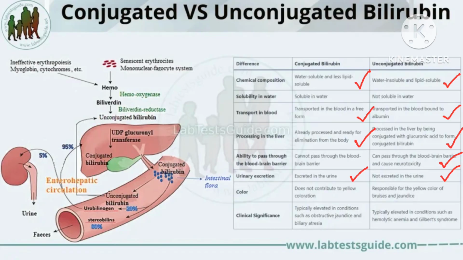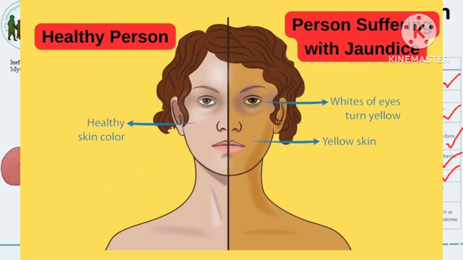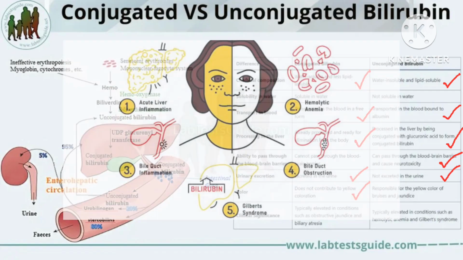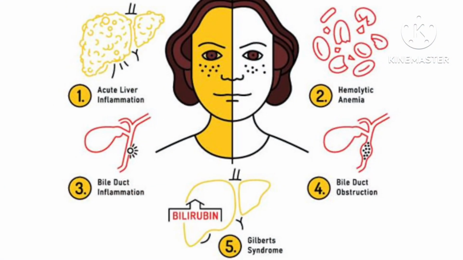The conjugated form does not contribute to the yellowish coloration of the skin or eyes, so it's not responsible for jaundice, compared to unconjugated bilirubin, which is responsible for the yellow color of bruises as well as jaundice. Unconjugated bilirubin is typically elevated in conditions such as hemolytic anemia and Gilbert's syndrome. Conjugated bilirubin is typically elevated in conditions such as obstructive jaundice and biliary atresia.